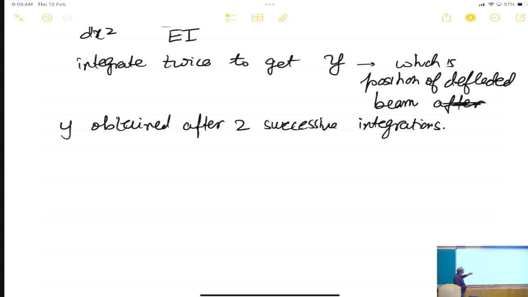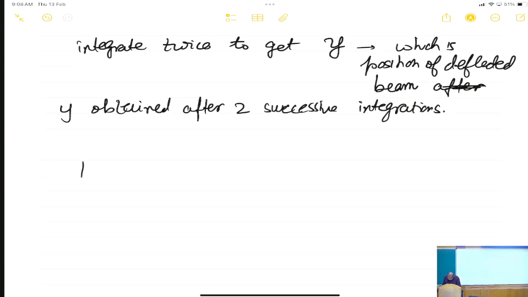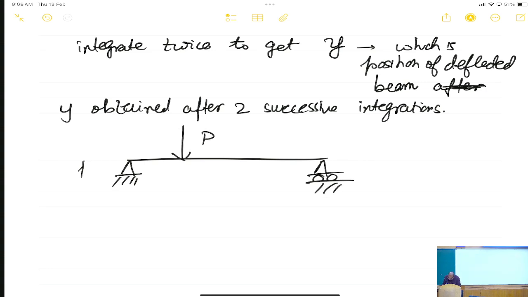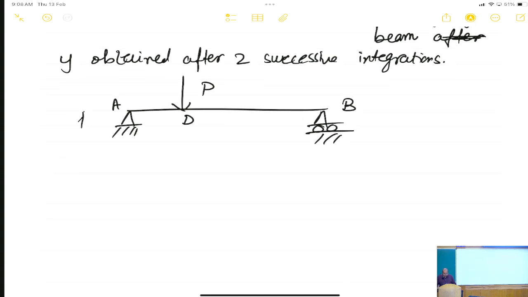Now, what you realize is, suppose we take a very simple case.